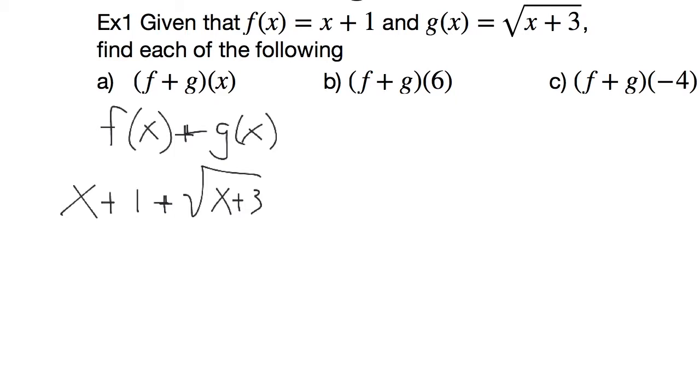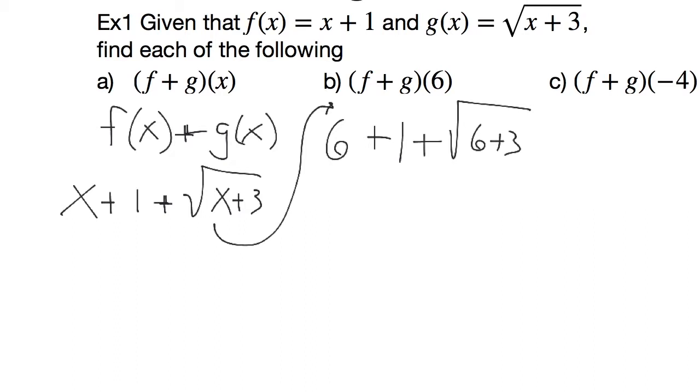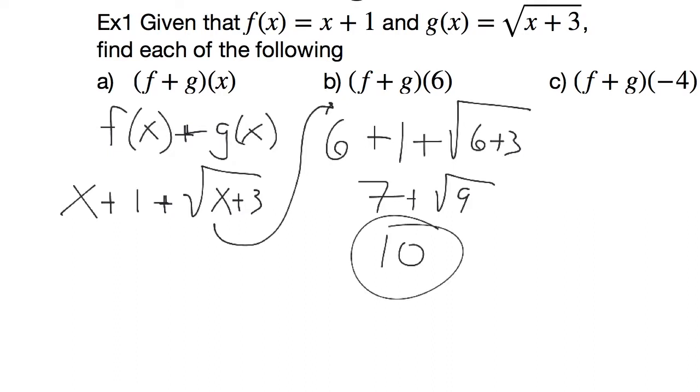And carrying that work further, if you wanted to find f plus g of 6, then you could say it would be 10. You can get that two ways. You can find the function first, like we did, and then plug 6 into it.